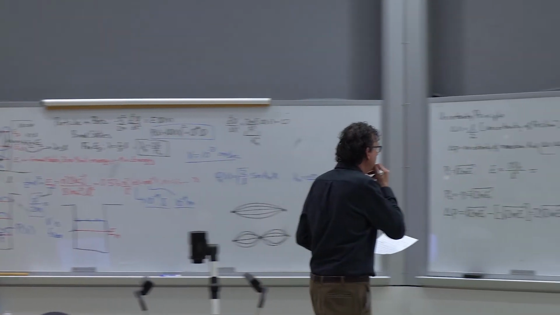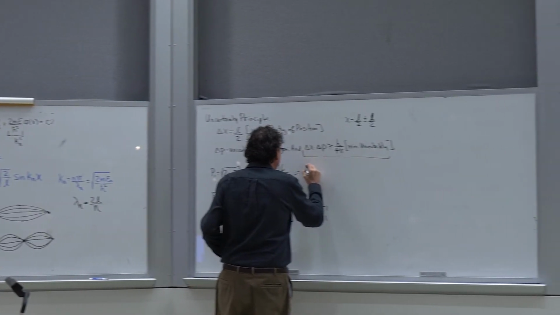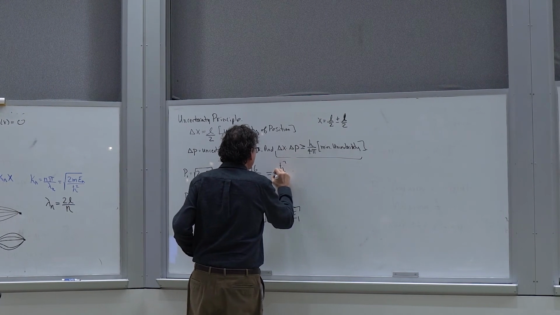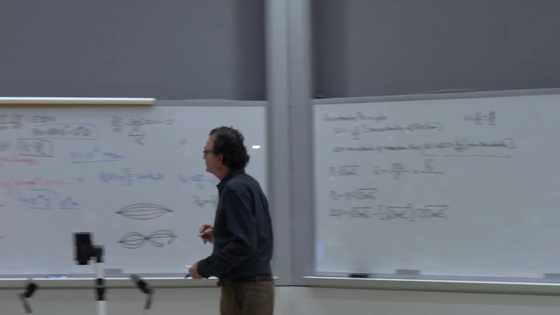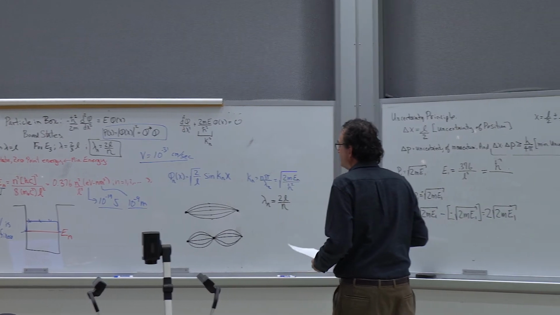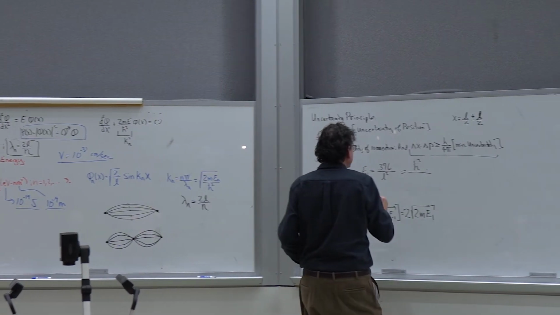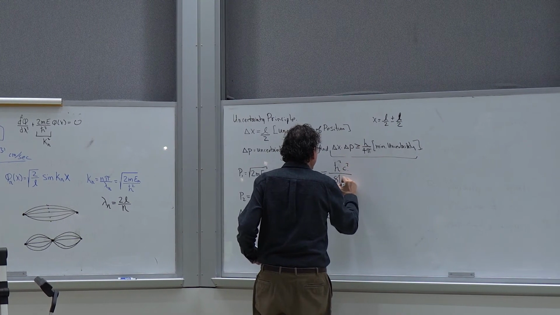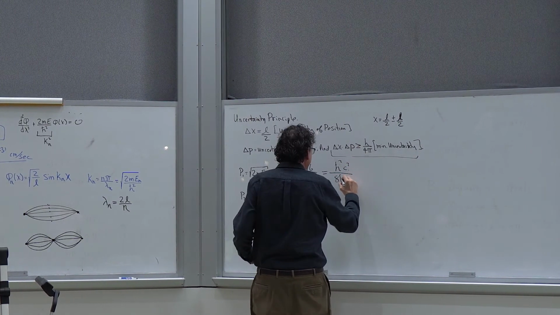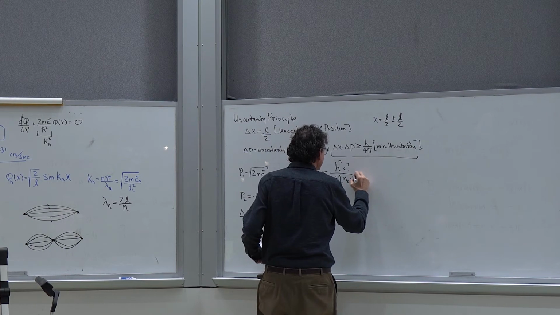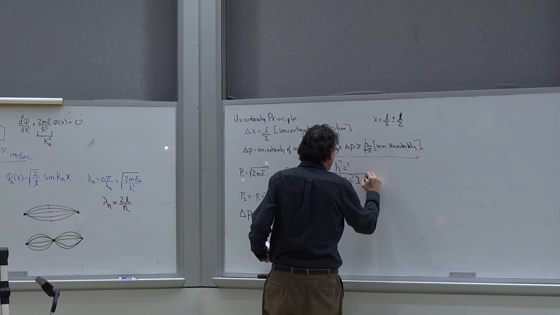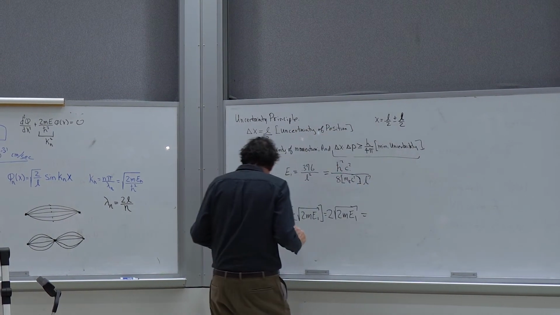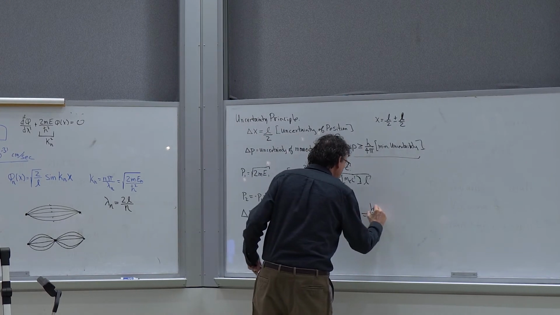H bar squared, divided by 8, H bar C squared times 8 times MEC squared times L squared. Okay, once I do the substitution, this is equal to H over L.